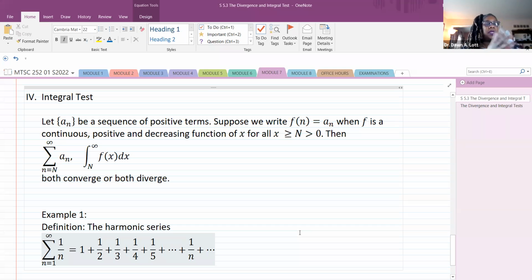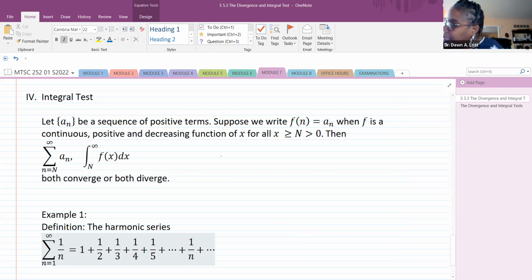It says we have a sequence a sub n, and all the terms are positive. So we don't have any negative terms. We're not alternating or anything like that. We're going to write f of n as a sub n. So whatever a sub n is, we're going to write it as a function f.